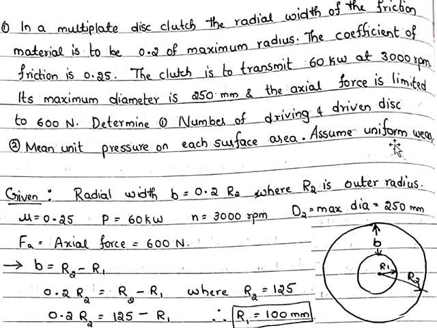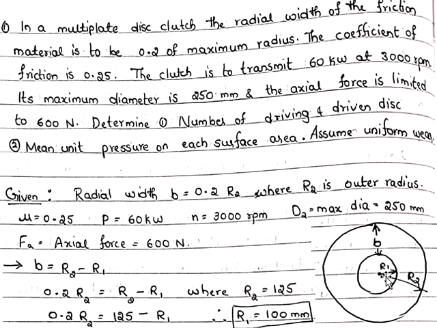Assume uniform wear condition. So the given details are, in the first sentence, the radial width of friction material is 0.2 times maximum radius. Let me consider one disc surface here.